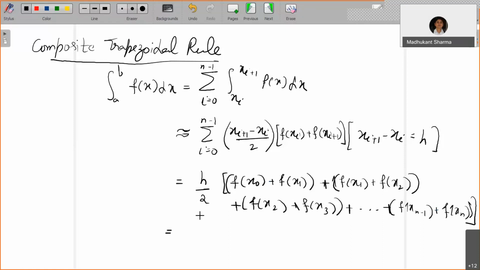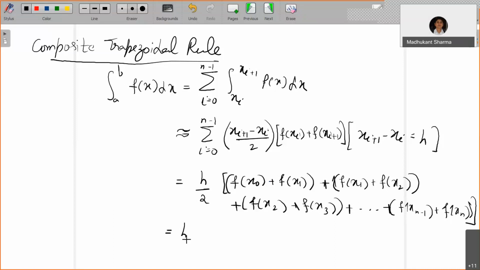Now x naught is nothing but a and xn is nothing but b. Except these two, everyone is repeated twice: f of x1 two times, f of x2 two times, f of x3 two times, and so on.